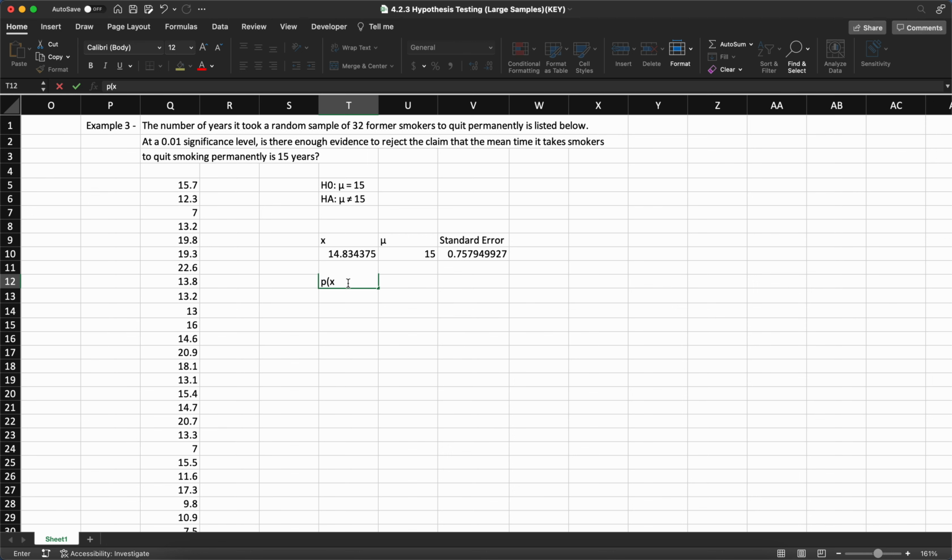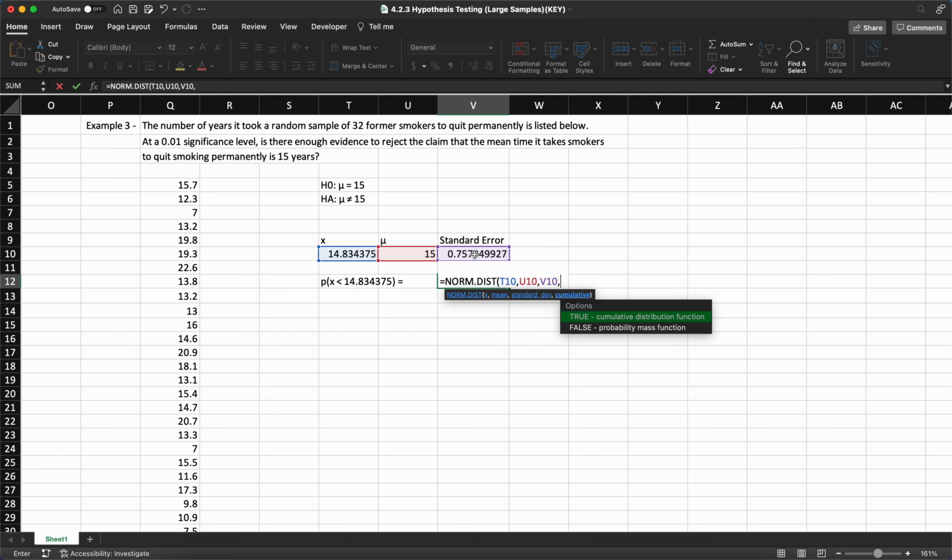Since this x-bar value is less than the mean, we're just going to say, what is the probability that I would be outside of this range? And we calculate that by doing norm.dist, this value, comma mean, comma standard error, comma true.